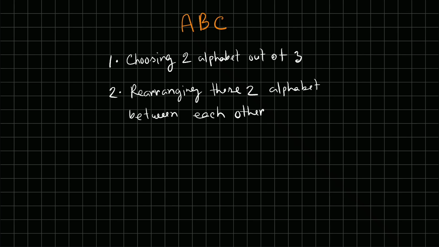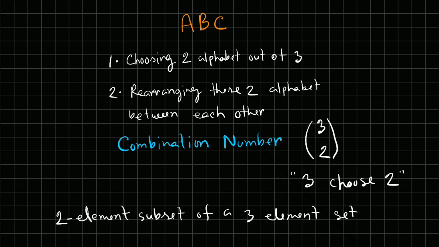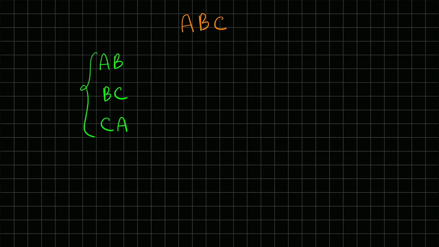The first step, that is the number of ways we can choose 2 out of 3 alphabets, is called the combination number. We can write it like this and read it as 3 choose 2. You can consider it as finding the number of 2 element subsets out of a 3 element set. In this example, we can choose 2 alphabets out of those 3 alphabets in the following way.